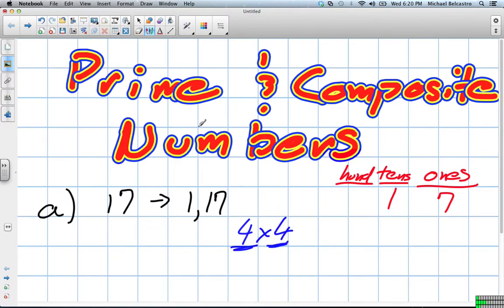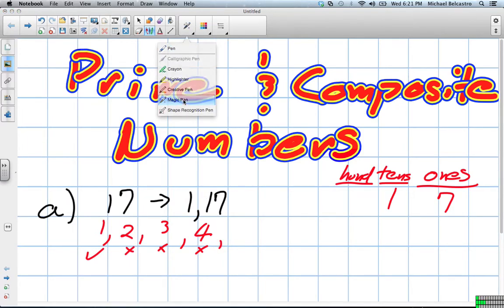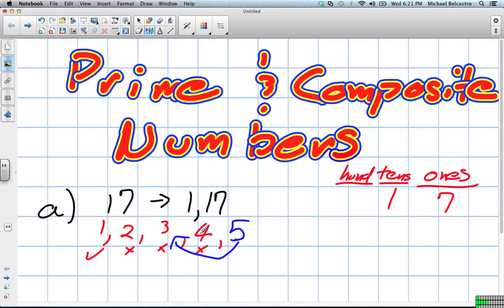So right now what we've done is we've tried, and I'll write them down here in red: we've tried 1, and it worked. 2 didn't work. 3 didn't work. 4 didn't work. And 5 would have to be times something like 3 or some number in between to get to 15, so it's actually ending up going back down.